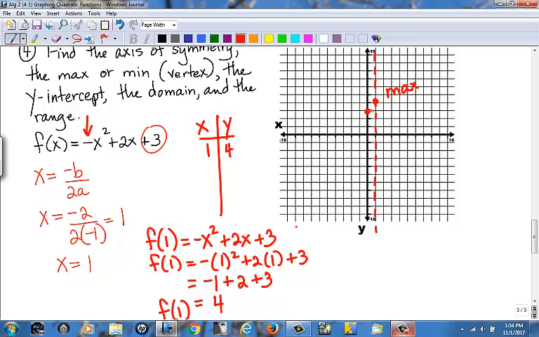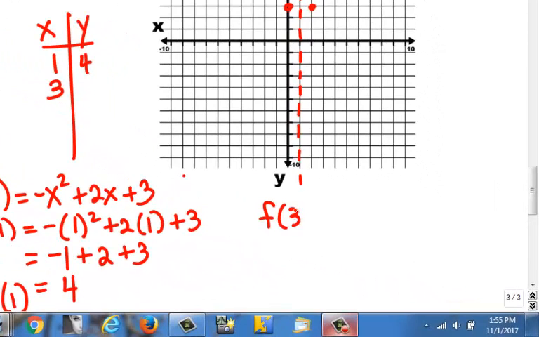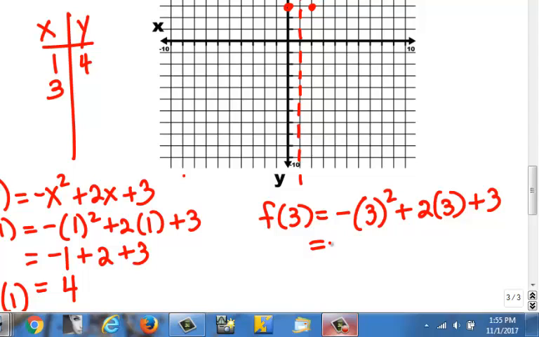Okay, and if this is 1 away from the axis, then there's another point 1 away over here. So we already know the start of it. Let's try 3, because I want to get another point over here. Negative 3 squared plus 2 times 3 plus 3. 3 squared is 9, that makes it negative 9 plus 6 plus 3, which is 0.